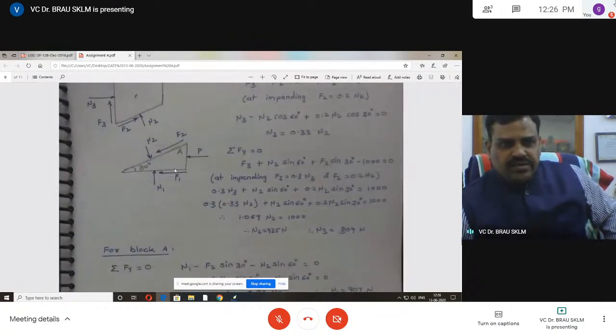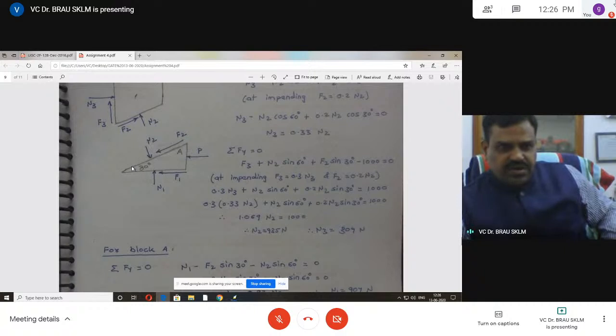P. Now let us come to the block here. This is the block here, equation. Fy, N1 component, this component and this component. See the N1, because this is theta. For this is the perpendicular. This is the angle theta. Okay. Like this, if you resolve the forces, this is F2 cos theta horizontal, sin theta vertical.